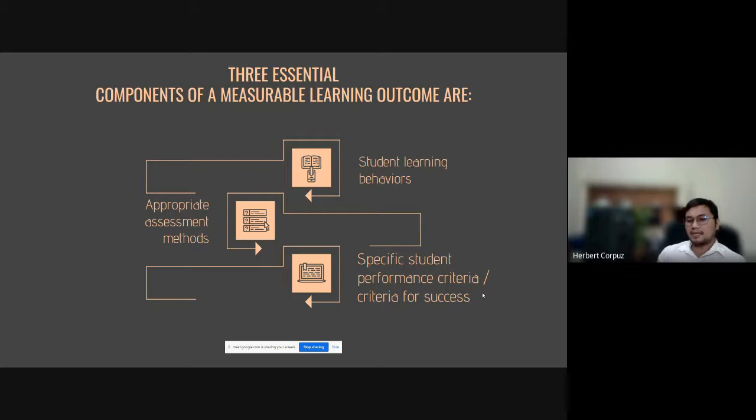Demonstration is the assessment method. And what is the specific performance criteria? That they should be able to demonstrate their understanding of the three learning domains.